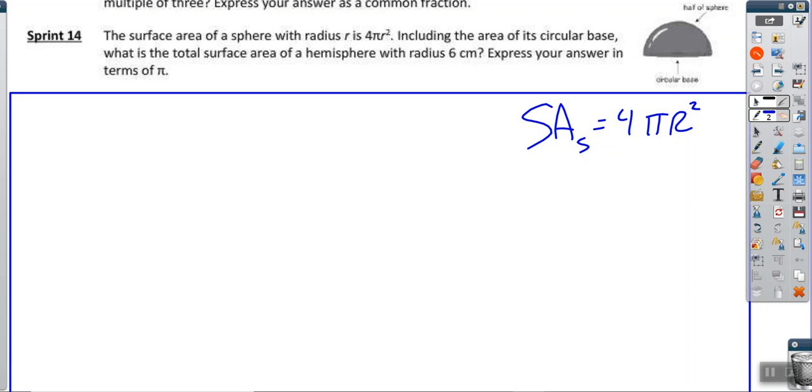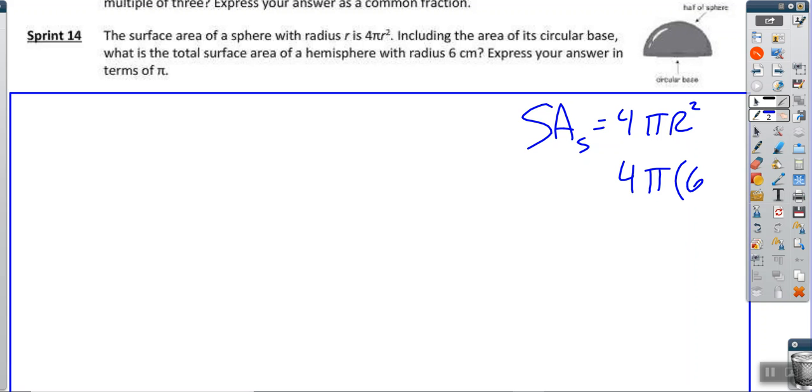Oh, that's not bad at all. So all we have to do is find half of the surface area of the sphere, because we have a hemisphere, and then add the circular base on top of it. No big deal. All right. So we have 4 times pi, and it gives us our answer in terms of pi. We don't even need to multiply by 3.14. I love it.